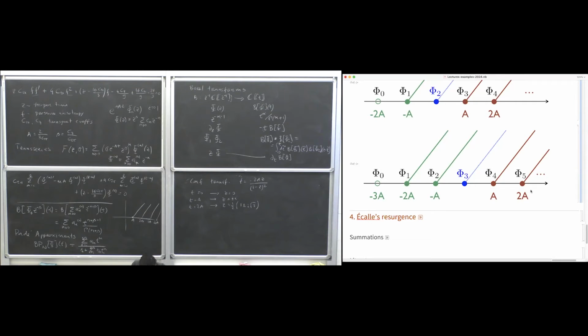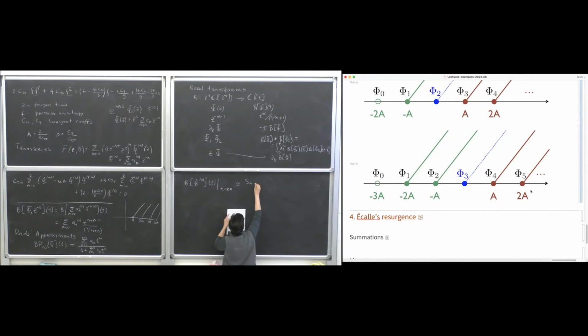So how do I express this from the point of view of the Borel transforms? What I'm saying is that the Borel transform of a sector phi n, as a function of t, at some t equals ka, is going to have some constant.